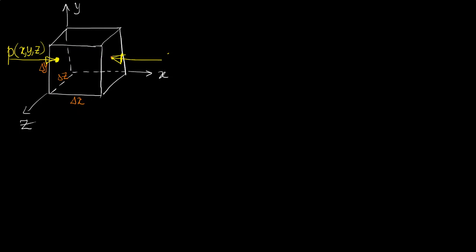Consequently, the pressure at this other face will be P at x plus delta x, comma y, comma z, because the y and z coordinates have not changed, all that has changed is delta x. And we are using here the field description of P, which we have already discussed at great length during the discussion of a fluid continuum. So pressure is a field variable.